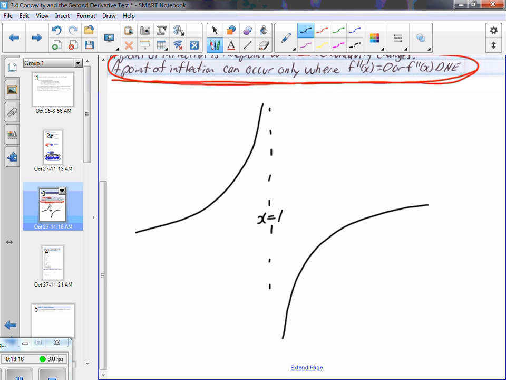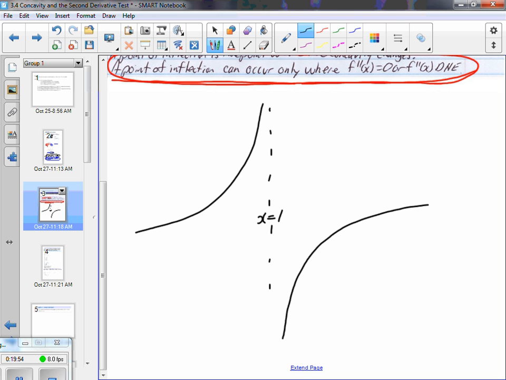We would say that the concavity changes at x equals 1, but it would not be quite correct to say there's a point of inflection at x equals 1, because there's not a point. See, when you have a vertical asymptote and that happens, not only does f not exist at x equals 1, since it doesn't exist at x equals 1, its derivative doesn't exist at x equals 1, so the second derivative doesn't exist at x equals 1. So it would be a place where the second derivative does not exist, but we're just not going to get a point, are we?